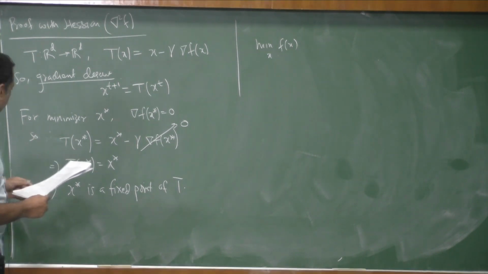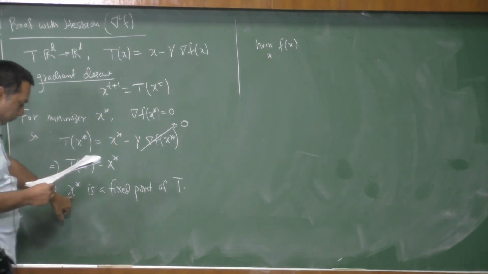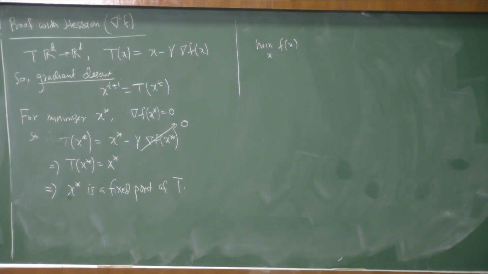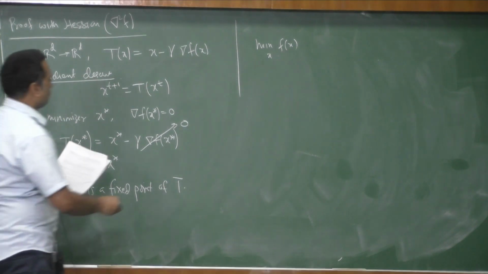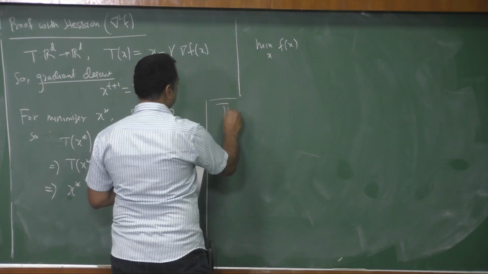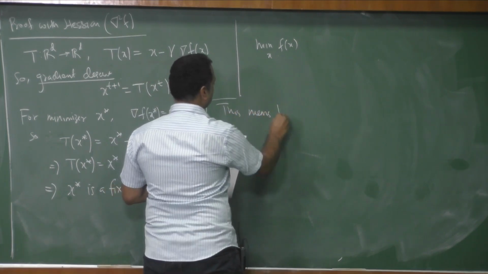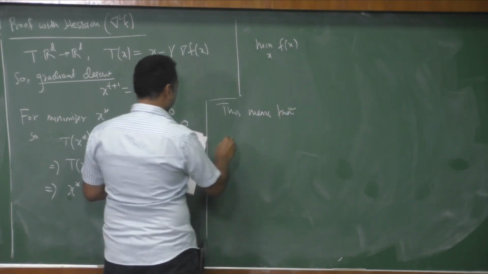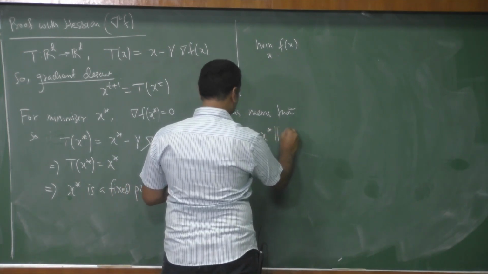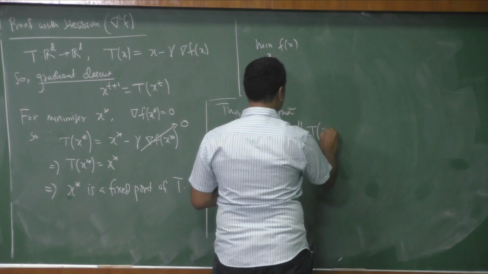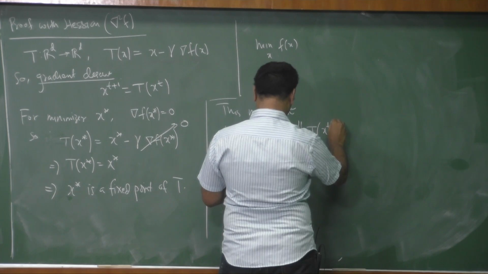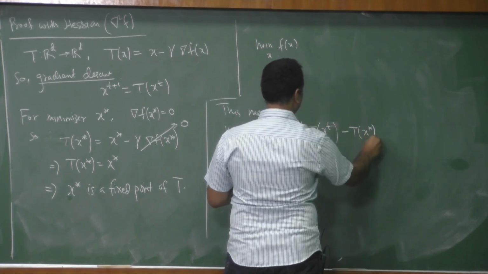So this is a fixed point, and if this is the case, then we can also write that x_{t+1} minus x star can also be written as T x_t minus T x star.